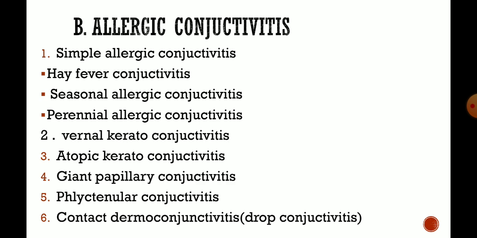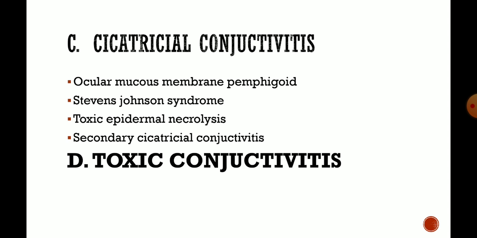See, these are actually different. Simple allergic conjunctivitis can be seasonal, perennial. Second is vernal keratoconjunctivitis. Another can be phlyctenular, another giant papillary, another atopic keratoconjunctivitis, and one is contact dermoconjunctivitis.